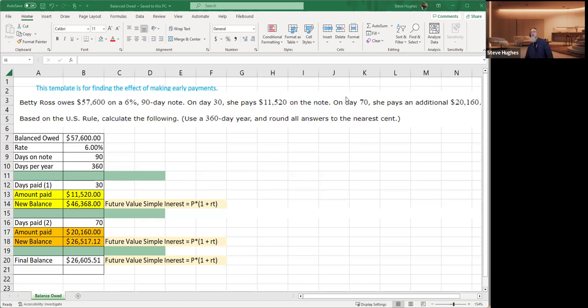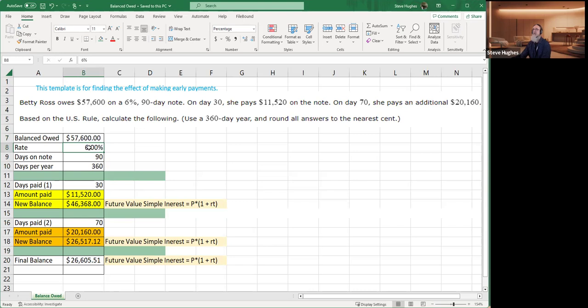Okay, I'm going to do this question in Excel. For what reason? So that you could set this up in Excel for yourself. You could use this in many different applications, questions, etc. All right, so let's get started. First of all, I entered the amount owed on the note. Then I entered the interest rate.